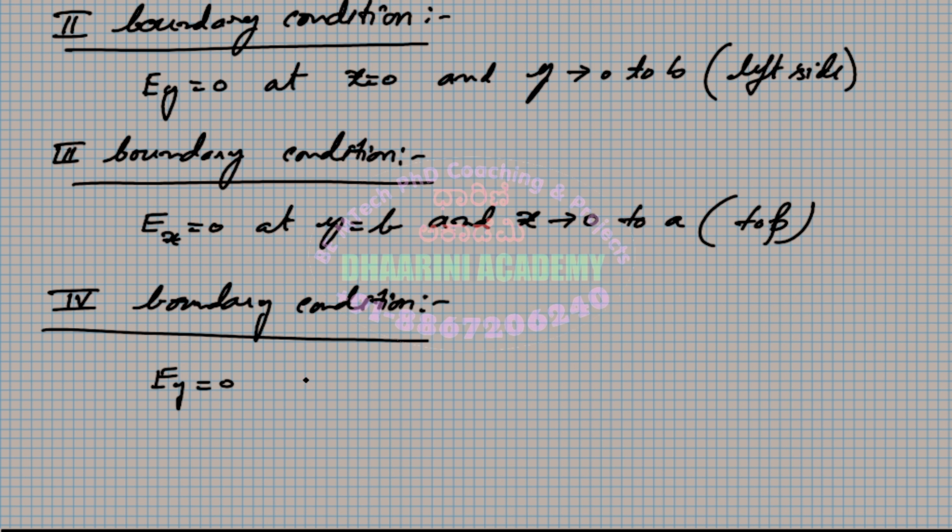What is the position of this right side wall? The right side wall is located at x equal to a. And along this complete wall, y varies from 0, the lowest part, to b, the highest part. So 0 to b. I am talking about the right side wall.